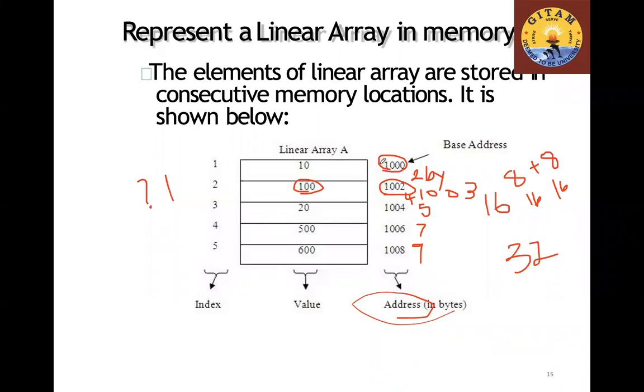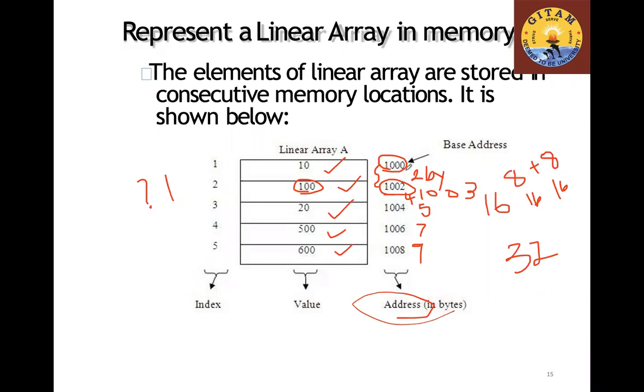The reason is the difference between the addresses. Your integer is holding 2 bytes. You can see this: the address of 10 is 1000, and the next address goes to 1002. That means 10 is occupying 2 bytes, 100 is occupying 2 bytes, 20 is occupying 2 bytes, 500 is occupying 2 bytes, and 600 is occupying 2 bytes.